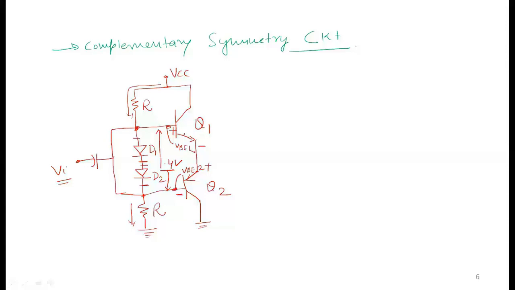Hence, we can say that both the transistors are at the onset of conduction. So whenever the input signal is applied, it will be superimposed on these voltages, 0.7 volt for VBE1 and 0.7 volt for VBE2.